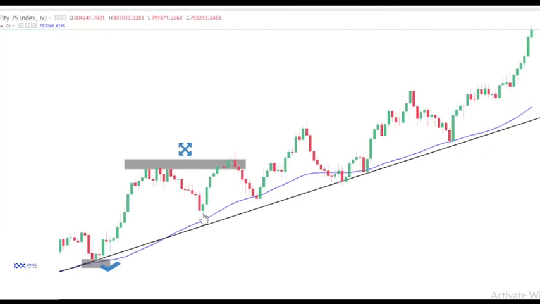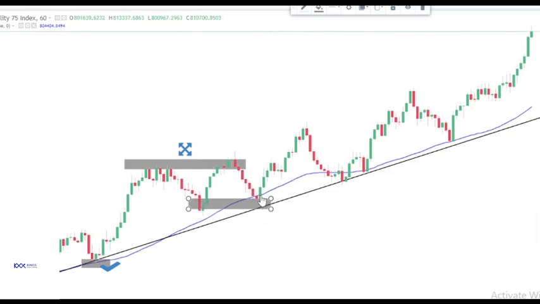Now the price has come here and made another W pattern right here. We are likely going to take this trade, because the second leg of the W, at this point, is at our moving average, which is serving as our trend line, or support.